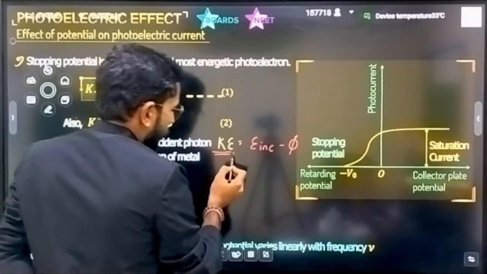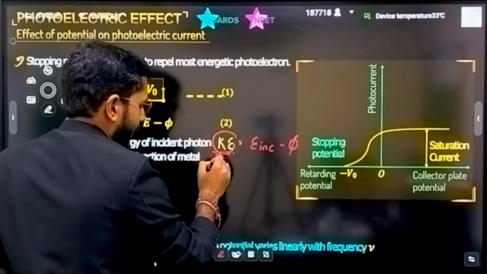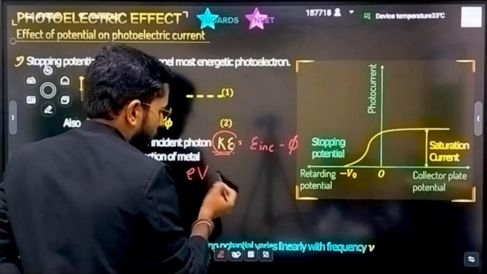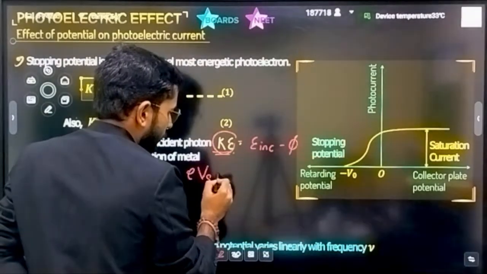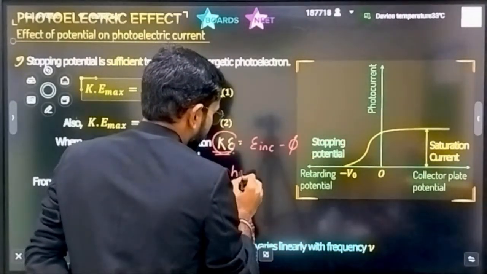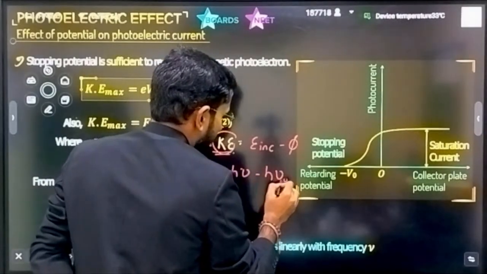So now we are going to write kinetic energy in a different term. I am going to write E into delta V, that is a potential difference, and to find the stopping potential I will write E Vs is equal to the energy of the incident photon, that means h mu minus h mu naught.